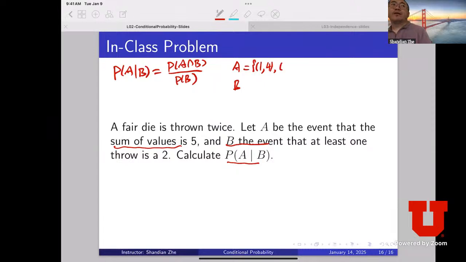If the first point is 2, 3 will be the second point. If the first point is 3, then 2. And if the first point is 4, the second is 1. And what if the first point is 5?